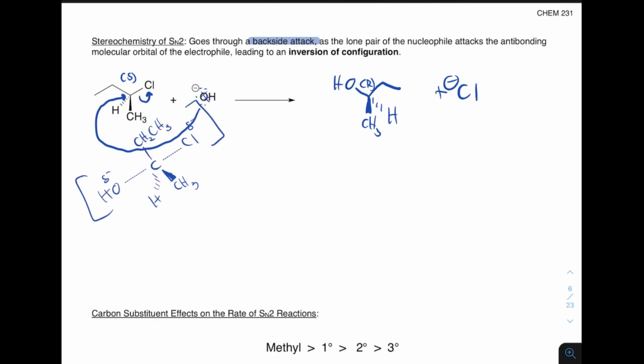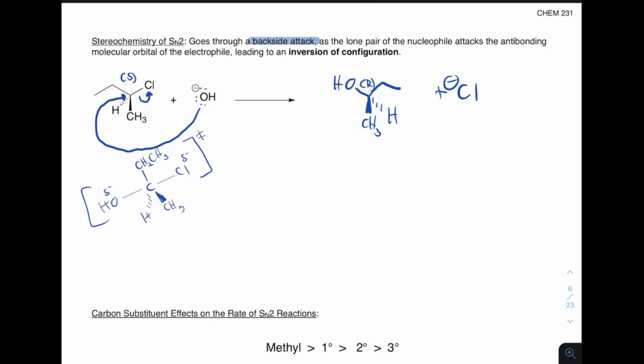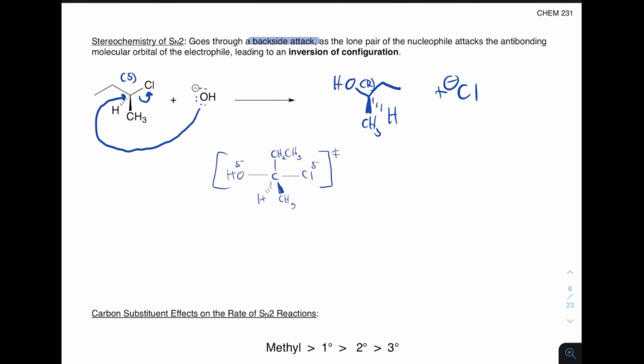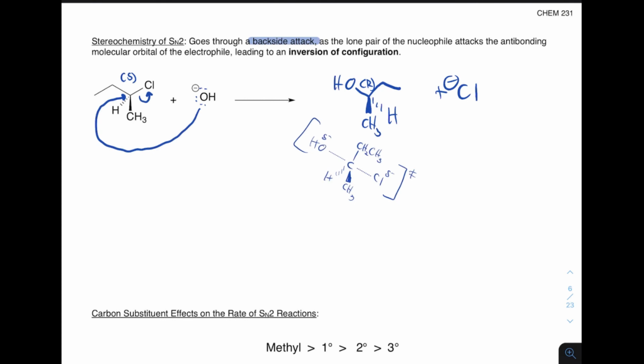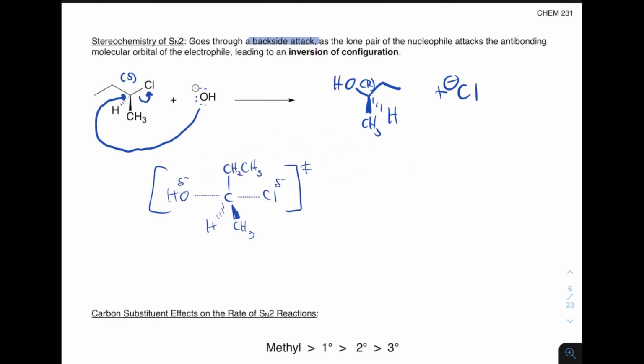Looking at this transition state, we can practically see the chlorine bond leaving, and then on the other side, when the hydroxide anion comes in, we can see that inversion of configuration taking place. We can almost block out one side of this transition state to see what's happening here.